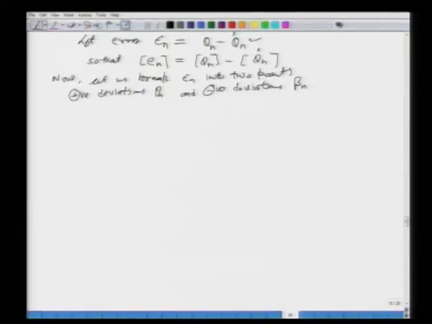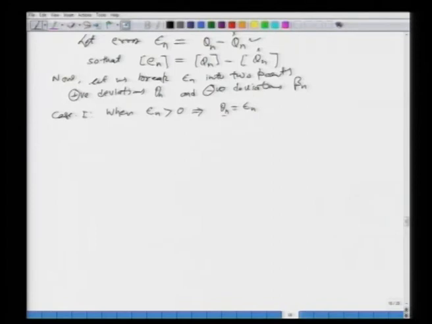Now, there can be three possible cases. Case 1, when your epsilon n is greater than 0, that would mean your theta n is equal to this epsilon, because epsilon is positive and we are saying theta is positive.